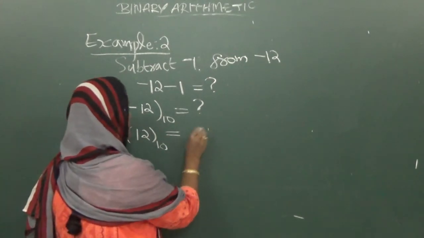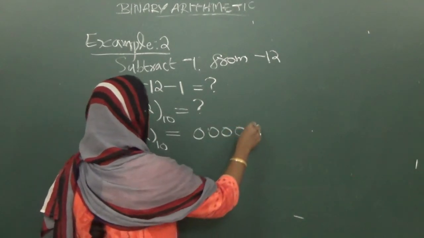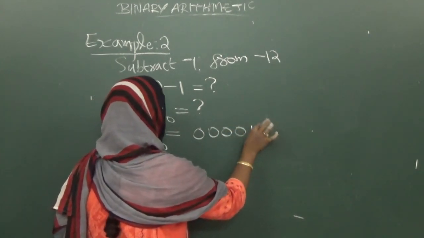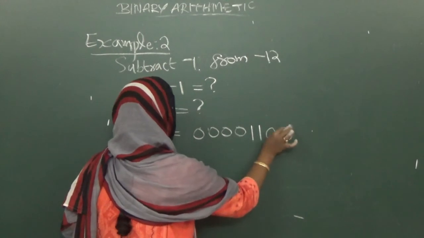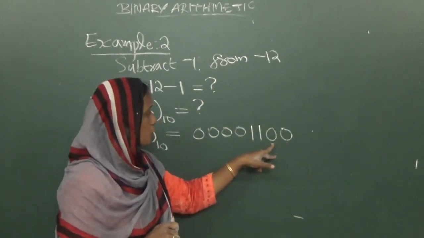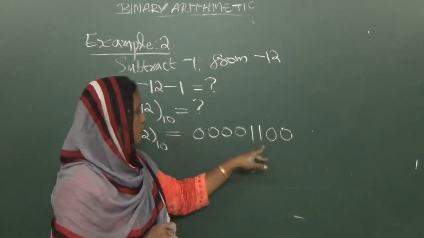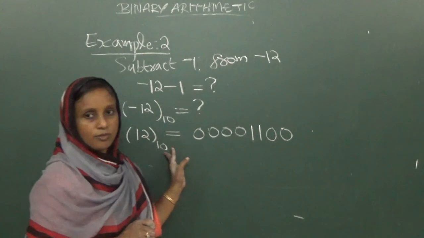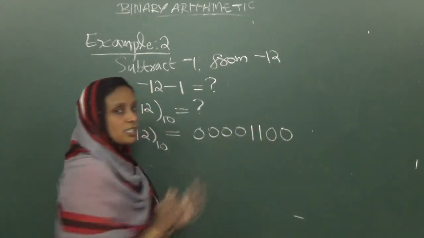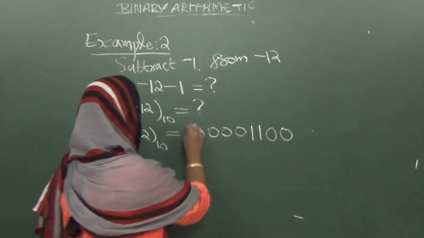So we can write here 0, 0, 0, 0, then comes 1, then 1, 0, 0. Is it correct? Because here 1, 2, then comes 4, then 8. 4 plus 8 is 12. Okay? All other bits go to 0.